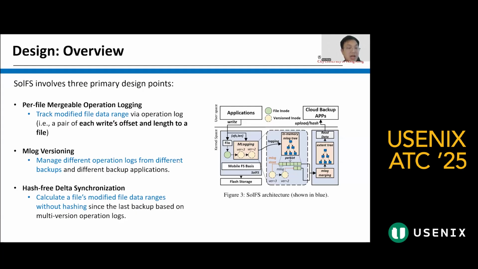And the last one is the hash-free delta synchronization. With the previous 2 design points, SolFS can calculate a file's modified data range without hashing. We can combine them as a tree and return it to the cloud backup application so that it can directly upload the file data without hashing.